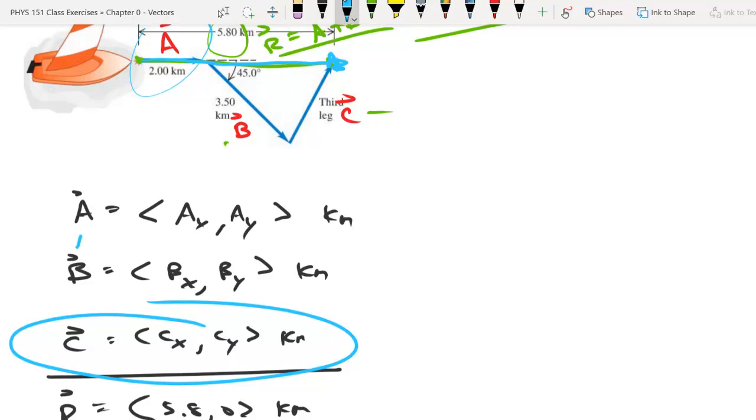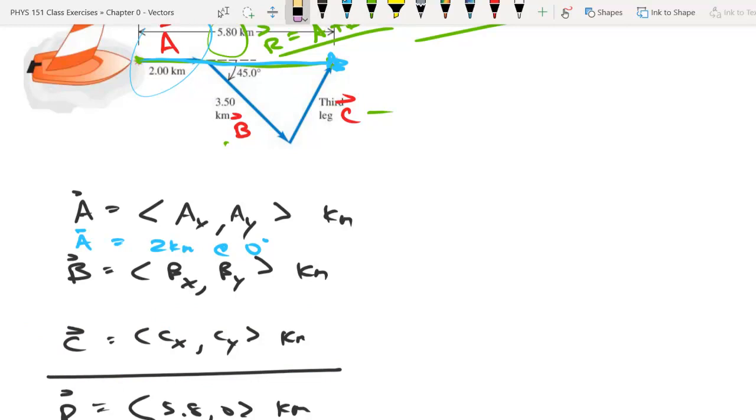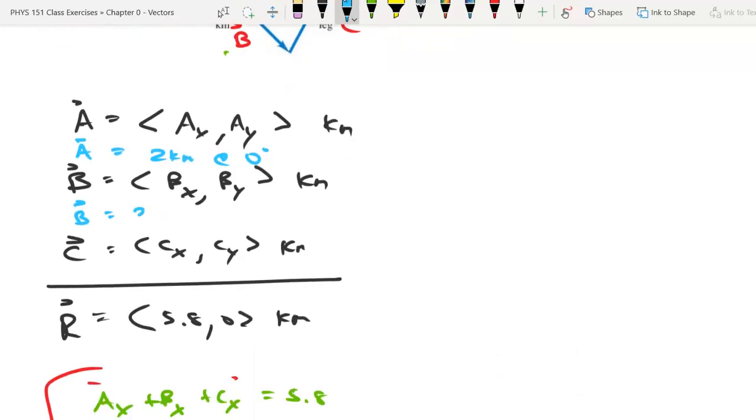We could say vector A is 2 kilometers at 0 degrees, and vector B is 3.5 kilometers at either negative 45 degrees or 315 degrees, either way. Okay, so then we can find our components there.